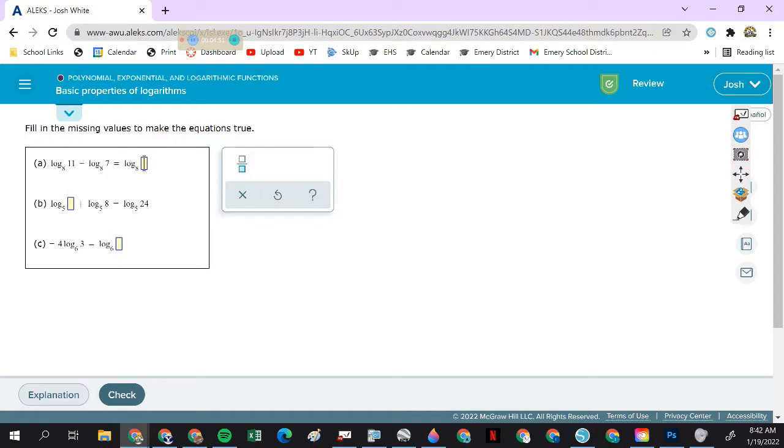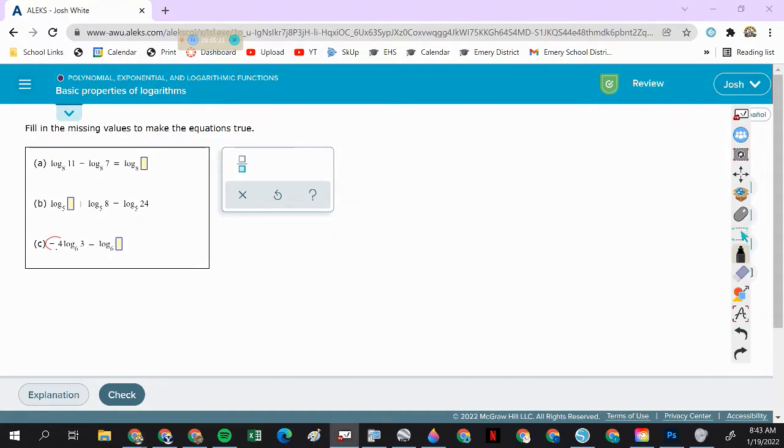Okay. So the next problem, log base 5 of something plus log base 5 of 8 is equal to log base 5 of 24. 3. Why 3? 3 times 8 is 24. Okay? So the negative 4 log base 6 of 3 is equal to log base 6 of, so this is the power rule.